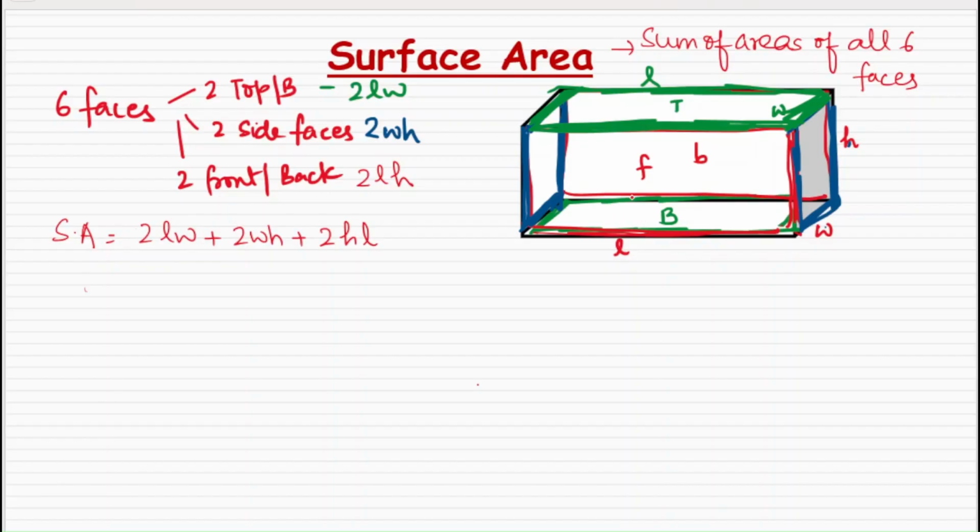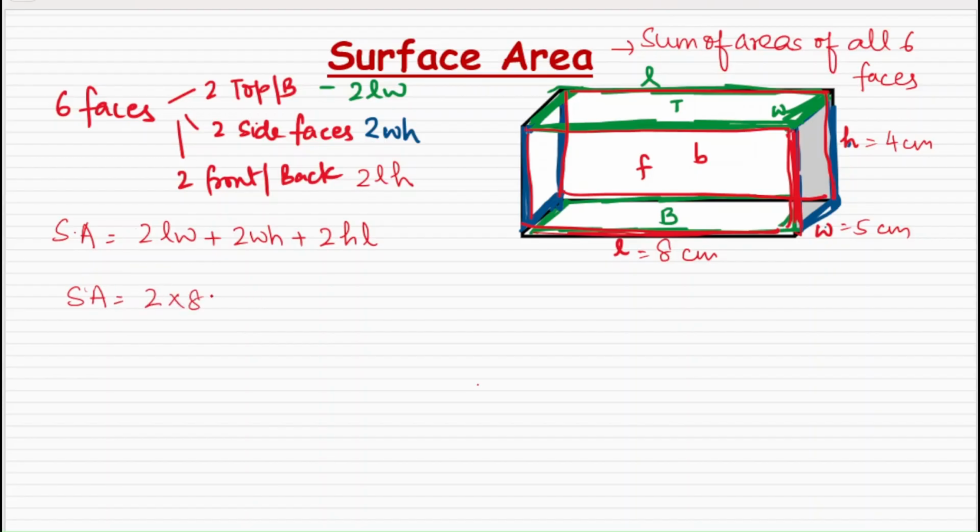So we are adding the areas of all the six faces, and since opposite faces are equal, we multiply them by 2. Let's pick an example. If this is a rectangular prism and the length is given as 8 centimeters, the width is, suppose, 5 centimeters, and the height is 4 centimeters. So how to find the surface area of this box? So 2 times, what is the length? 8.